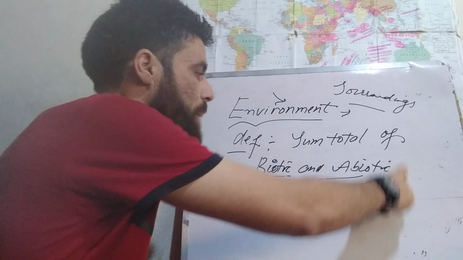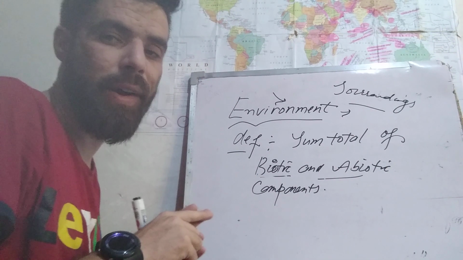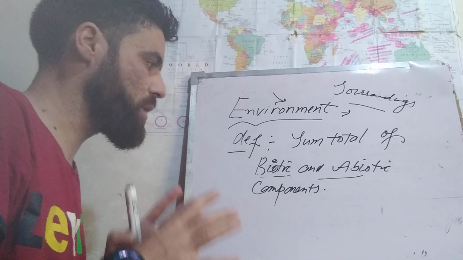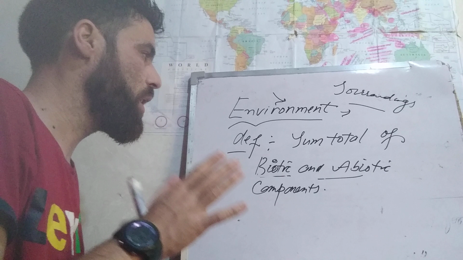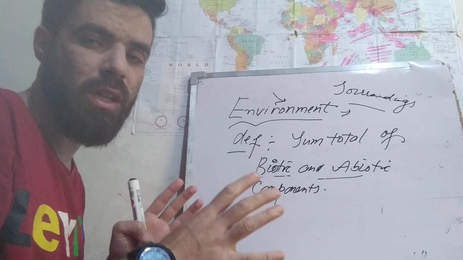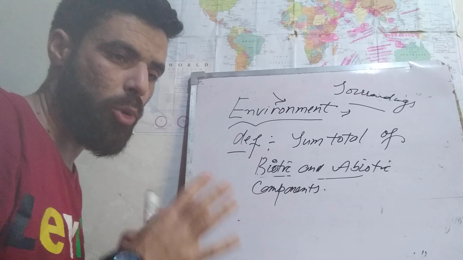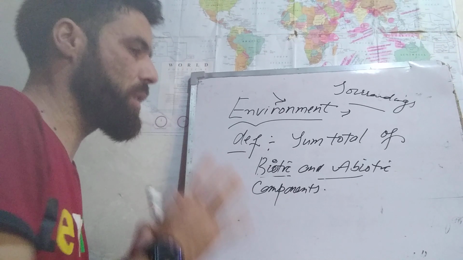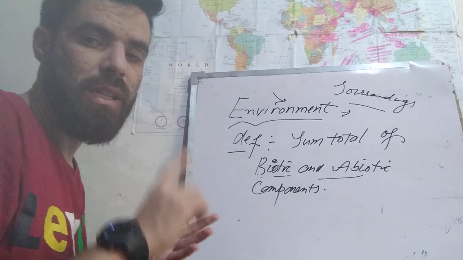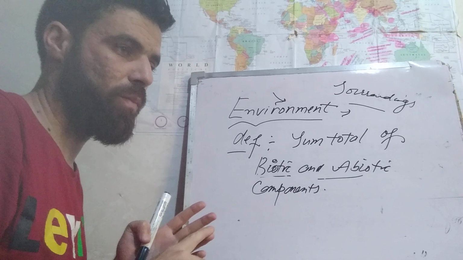Apart from that, we have abiotic components like soil and rocks. These are also important components of our environment. The sum total of both the biotic and abiotic components forms environment. Environment is the basic life sustaining system.